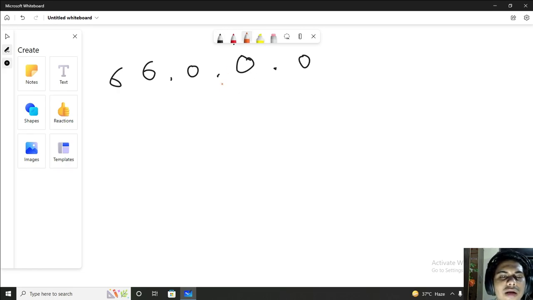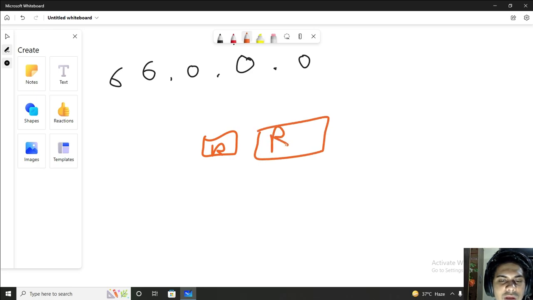First let me make a diagram. Let's assume this is your router, I'm writing R, and this is another router. If you want to communicate between these routers, you need a network between them.